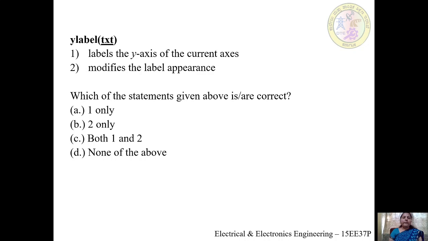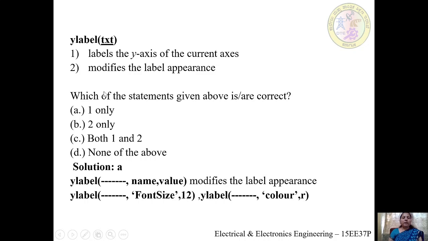Then, 1: ylabel of text labels the y-axis of the current axis; 2: modifies the label appearance. Which of the statements given above are correct? 1 only, 2 only, both 1 and 2, none of the above. The right answer is 1 because it labels the y-axis of the current axis.